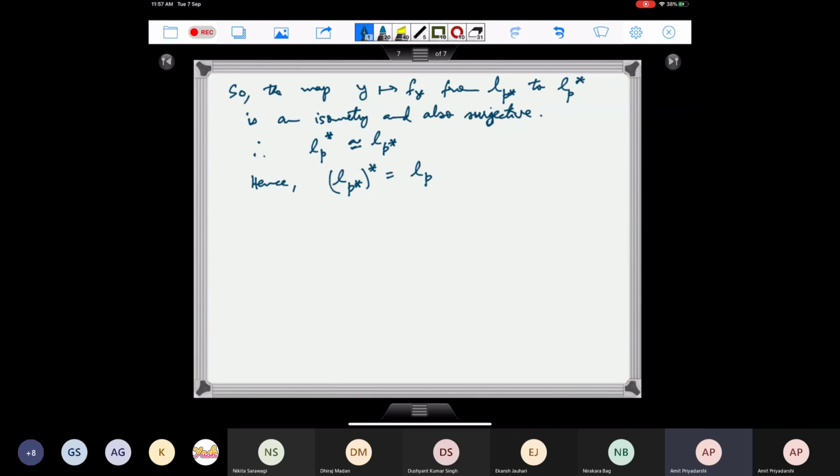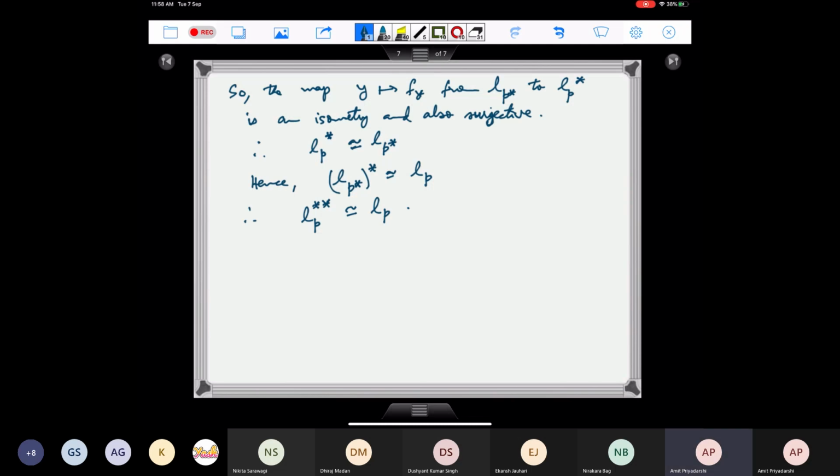So the dual of LP is LP star and the dual of LP star is LP. So what is the dual of LP double star? Therefore LP star star is isometrically isomorphic to LP.